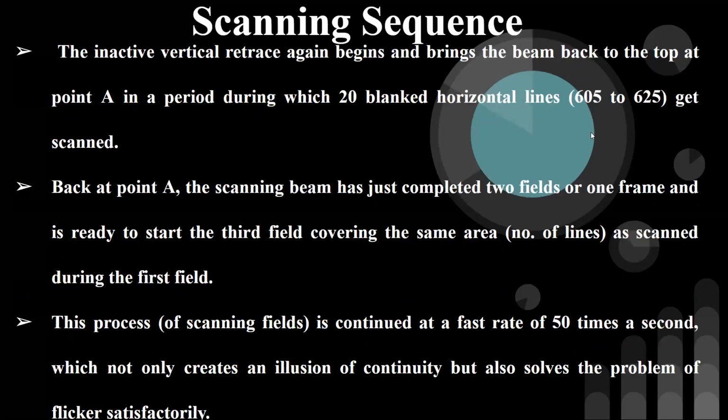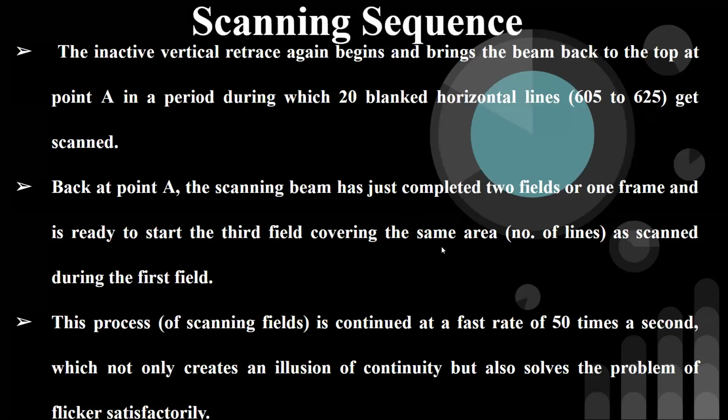So therefore the inactive vertical retrace again begins and brings the beam back to the top at point A. So therefore the period equals 20 blanked horizontal lines. So back at point P, the scanning beam has just completed two fields or one frame and is ready to start a third field covering the same area.